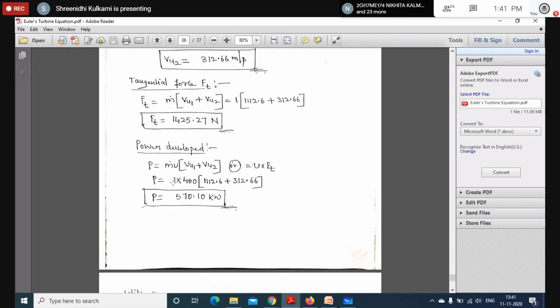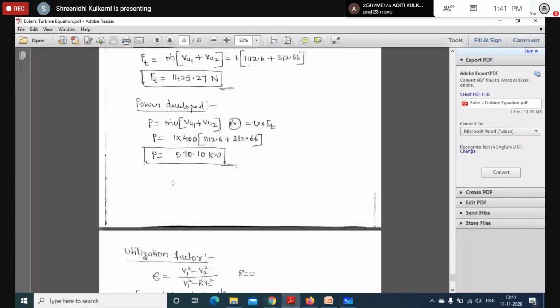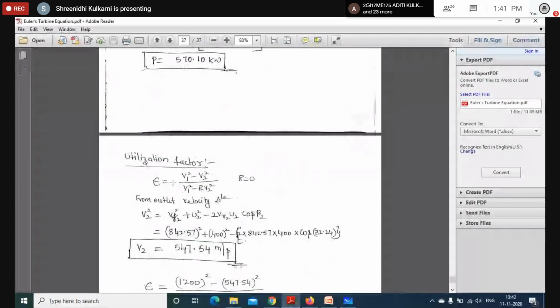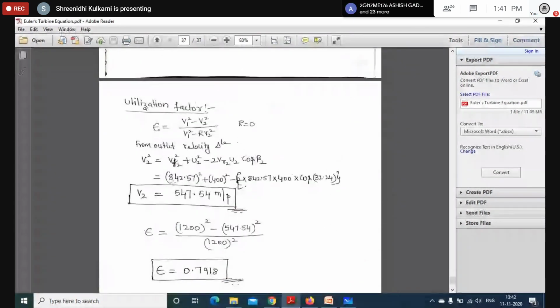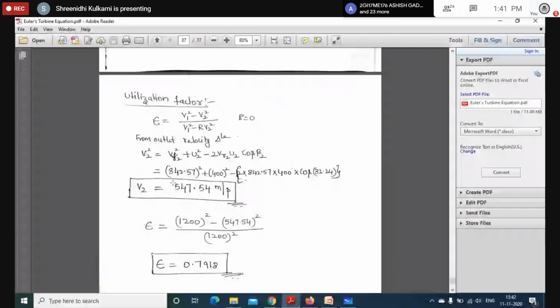Done, sir. Okay. So next we have to find out the utilization factor. We know the equation for the relationship between utilization factor and degree of reaction, so we can use that, or I will directly use the utilization factor equation.